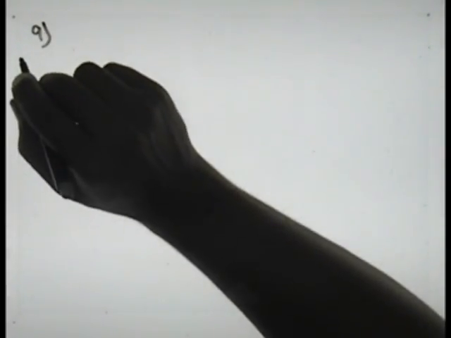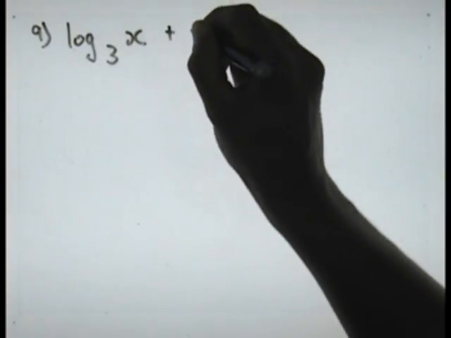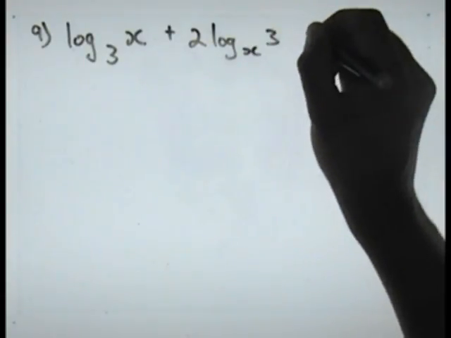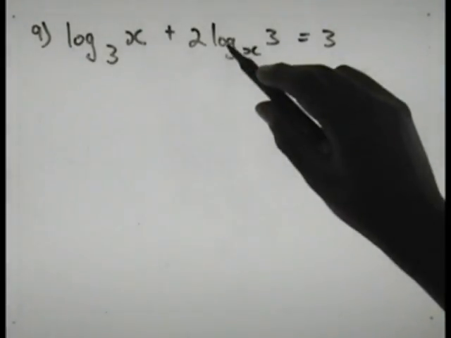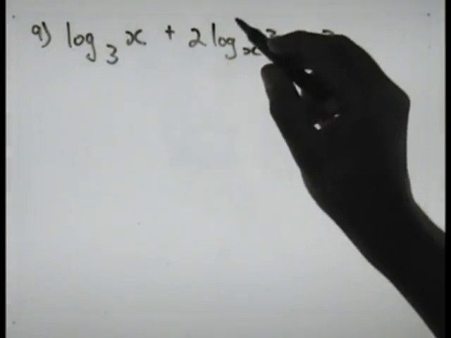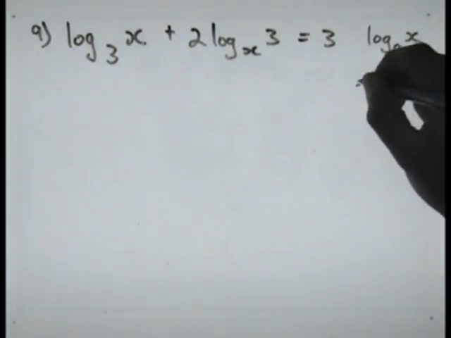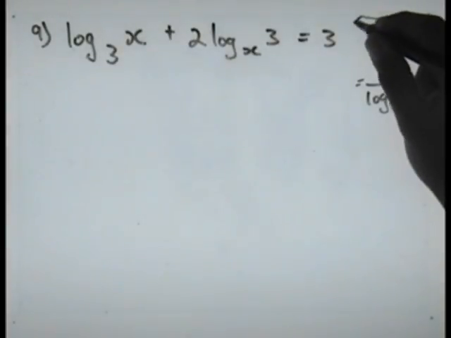Alright, number 9 starts looking at logs. Log base 3 of x plus 2 log base x of 3 is equal to 3. For this one, you will remember that one of the log laws says that log base a of x is the same as 1 over log base x of a.